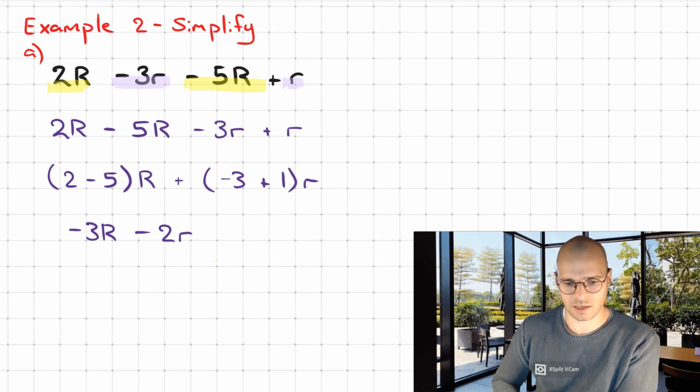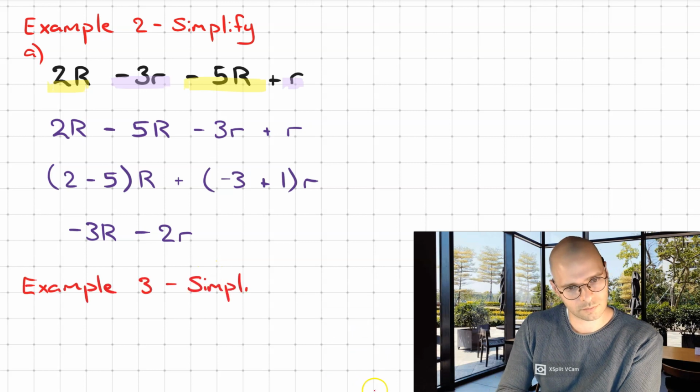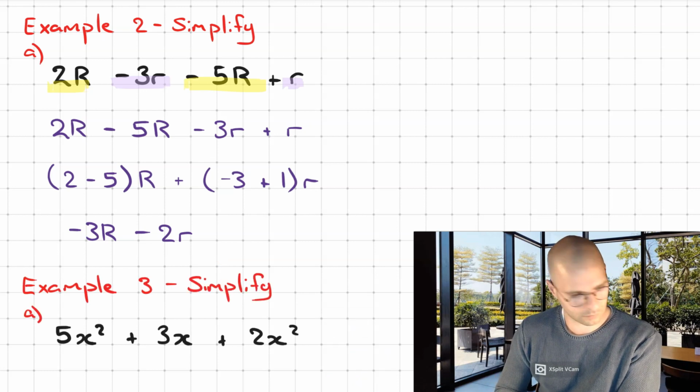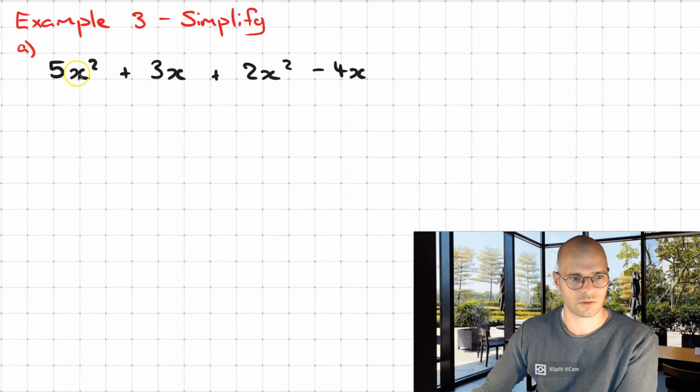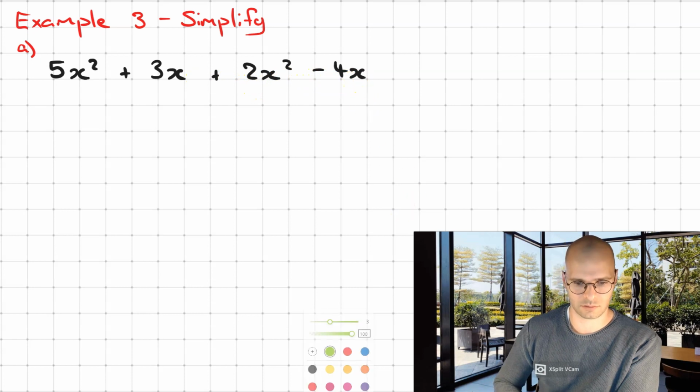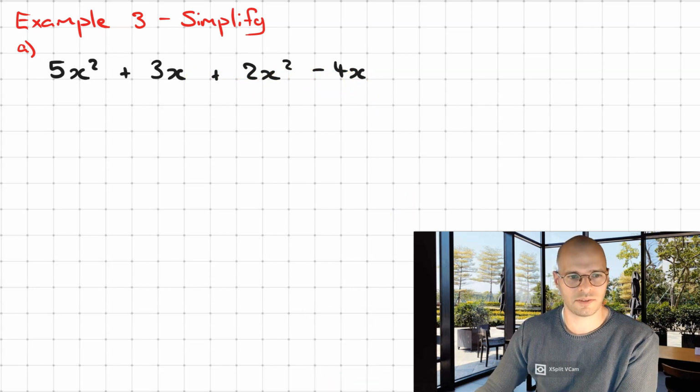Okay, example 3. We are dealing with 5x squared plus 3x plus 2x squared minus 4x. Notice that in the previous examples there were no exponents, also known as powers or indices, in the expressions. Rather, they were all flat.